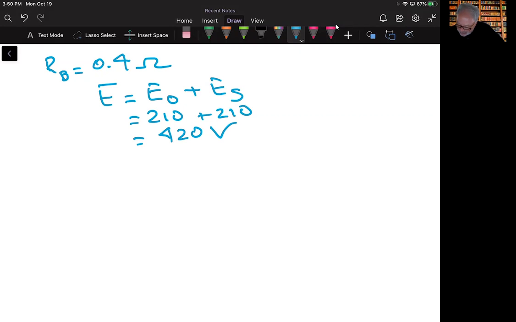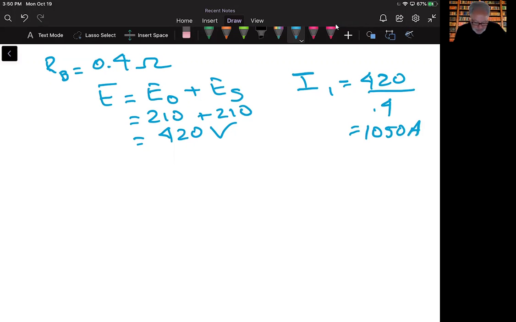What is the initial braking current? Okay, a little Ohm's law application here. 420 volts divided by 0.4 ohms, and that gives us a very large current of 1,050 amps. Remember, this is a big motor, so we see these kinds of numbers.